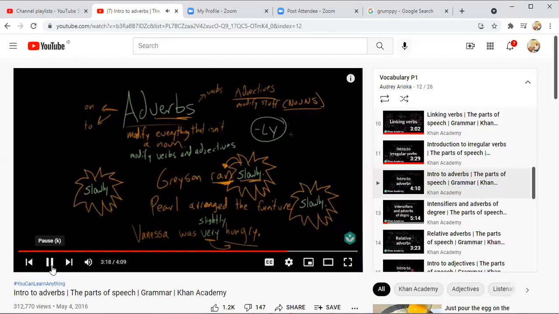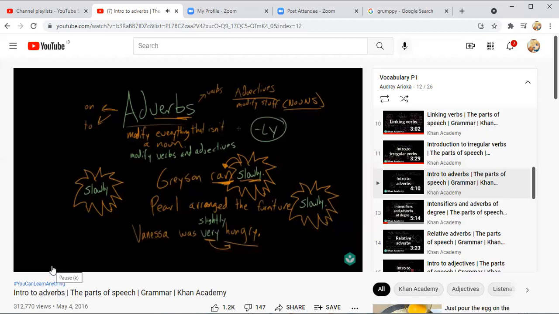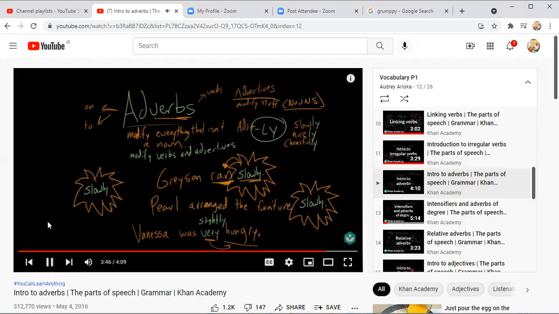So generally the way to make an adverb is to just take an adjective, add ly to it. So you take the word slow, you add ly, you get the adverb slowly. You take the word nice, you add ly, you get the adverb nicely. Cheerful, add ly, you get the adverb cheerfully. So adverbs modify verbs.